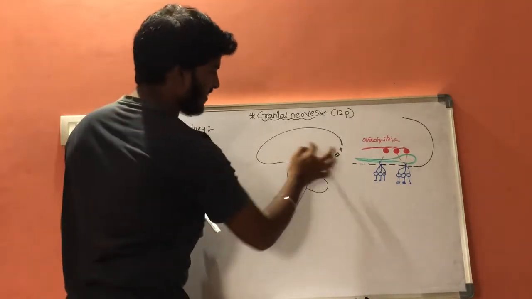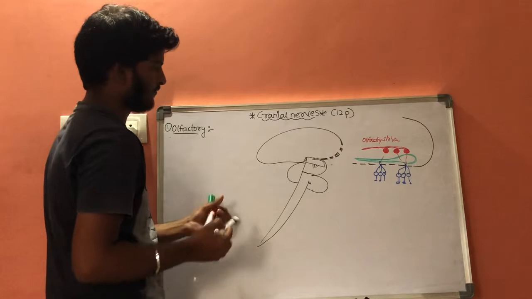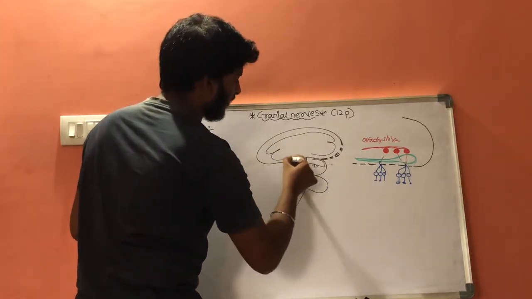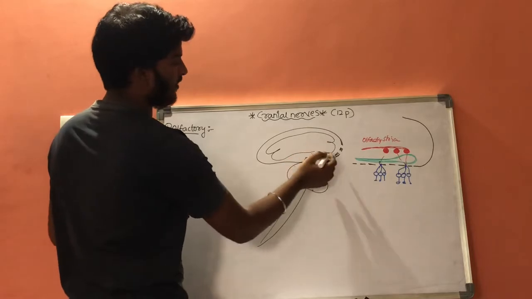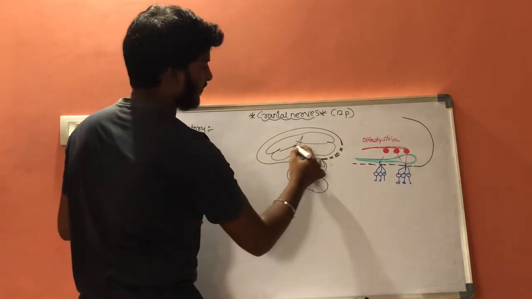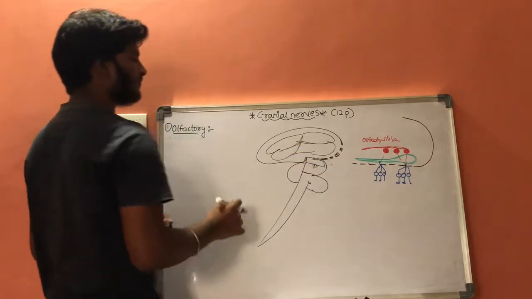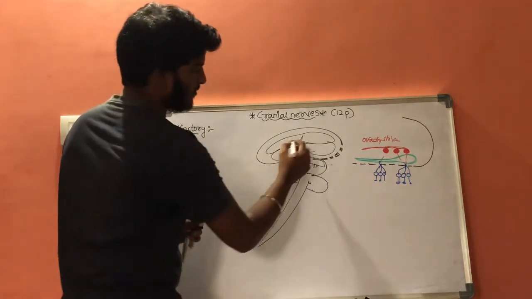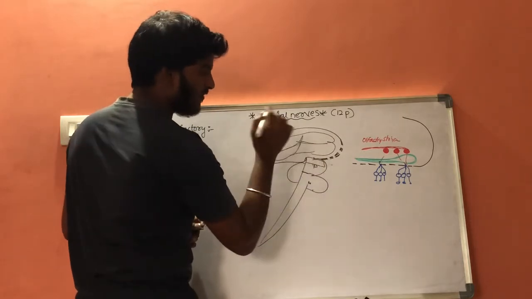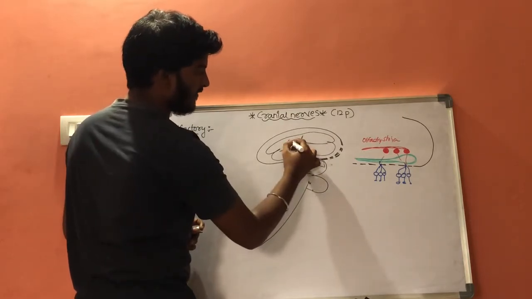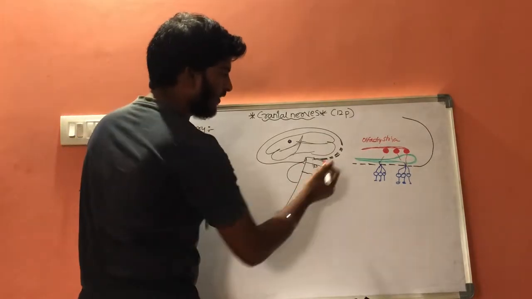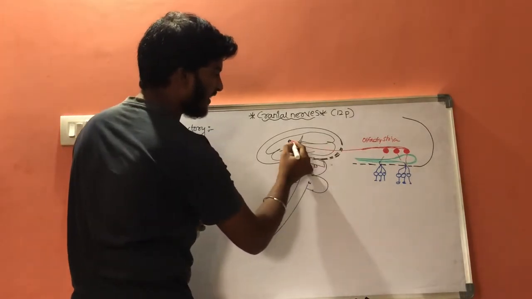So, this is the telencephalon. Let us consider this is the telencephalon, and here it consists of four lobes. One of these lobes is the olfactory lobe. This is the olfactory lobe. Now, this olfactory stria will reach this olfactory lobe.